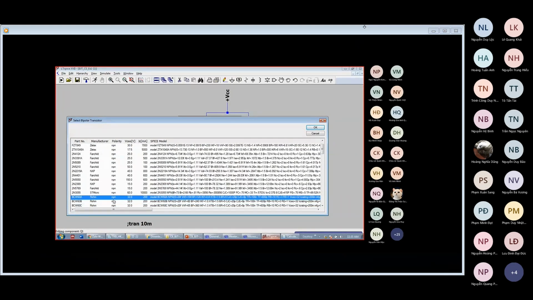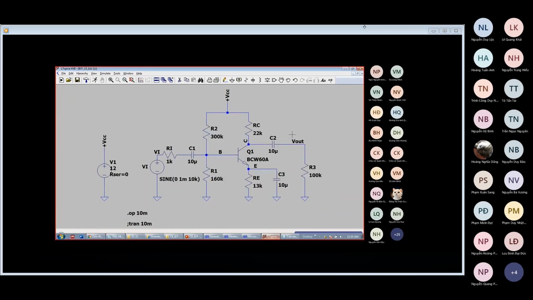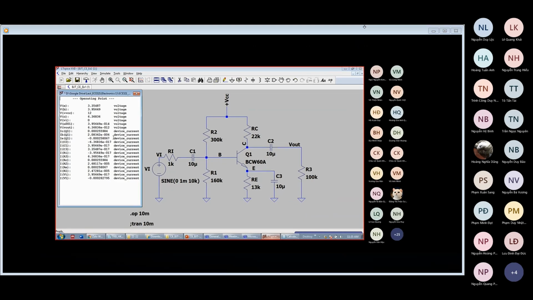I can use this transistor, for example, it's the same type, NPN, with beta F of 120. So 120 and 100 is not far. So I run the simulation again. You can see here the result for IC is more exact.